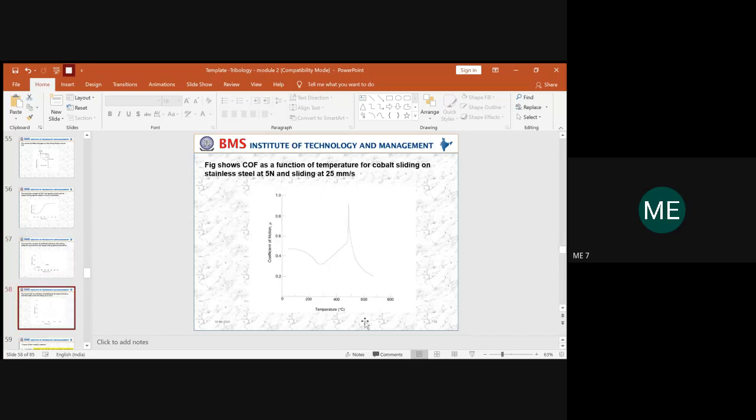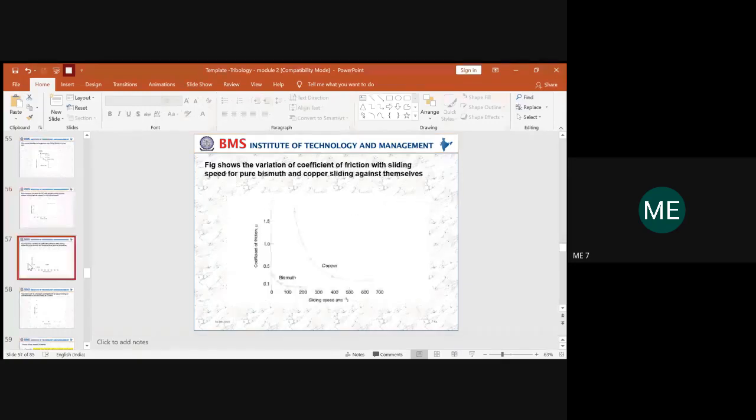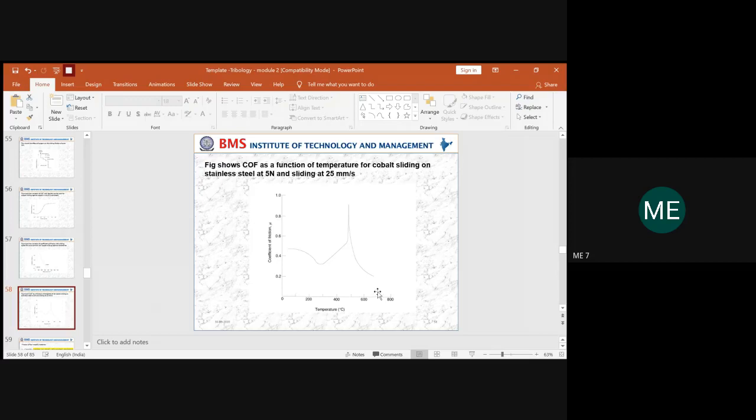So next, we are understanding the COF with respect to different factors. In the first graph we spoke about COF value with respect to the load. The second one we understood with respect to the sliding speed, but the COF value was always taken along the y-axis, and only the x parameters were varied. Next, the third one, you can see it is with respect to temperature.